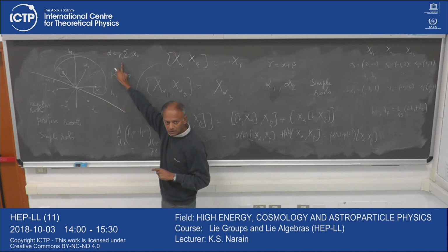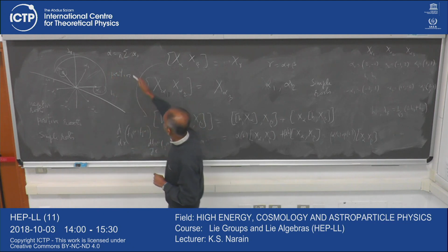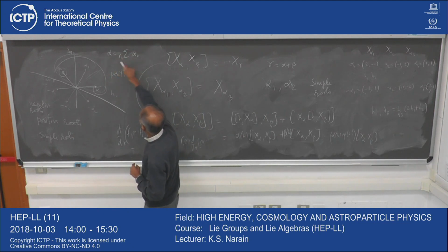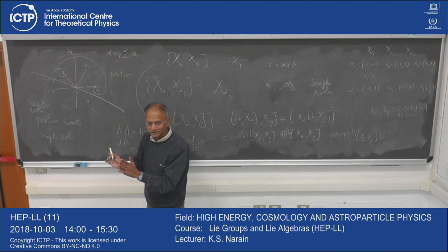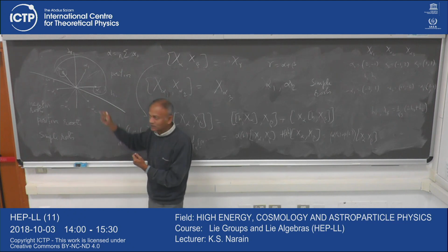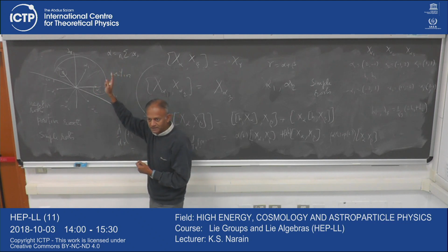Some of them could be 0, but the important thing is non-negative. If you can do that, then you can write this alpha as multiple commutators of these X alpha_i in various combinations. Therefore, you can get all the information about this root if you knew the information about these. This is the idea.